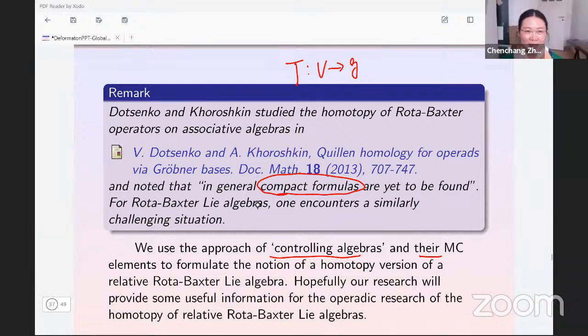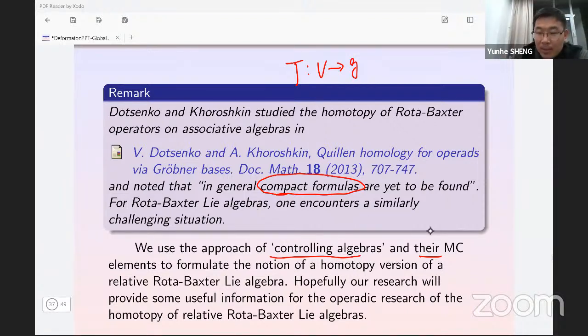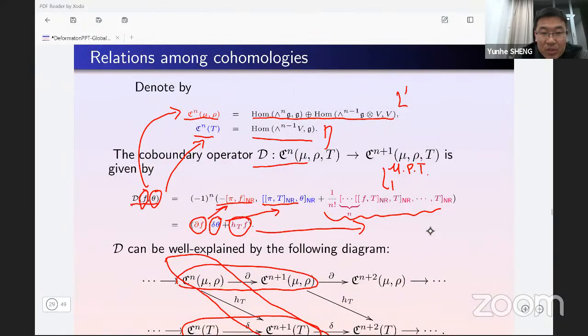Maybe Dima wants to ask about this table, like what the Rota-Baxter operator means for this splitting of operads.